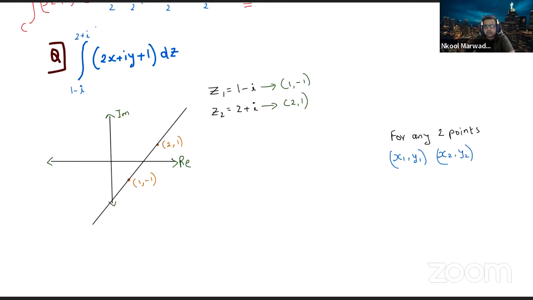The equation of the straight line will be y minus y1 is equal to the slope, which is y2 minus y1 upon x2 minus x1, times x minus x1.